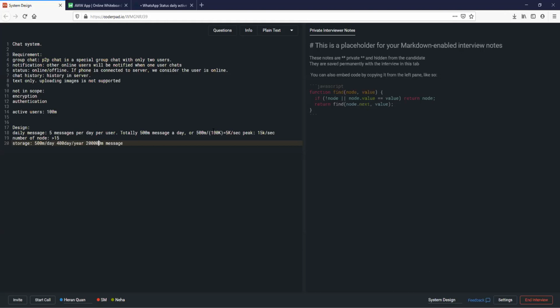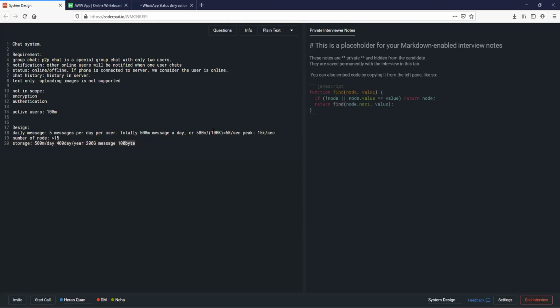So that means this is giga messages per year. And how big can each message be? If we take 100 bytes, maybe. What's your assumption? Yeah, 1K should be okay, right?